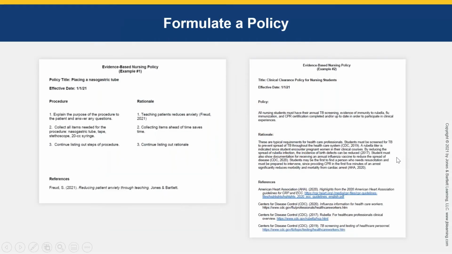I provide students with a template for their policy, and I have 2 versions of the template. One template is step-by-step: you do this, and here's the rationale, and you do this, and here's the rationale. The other is: here's the policy, and then here's the rationale.